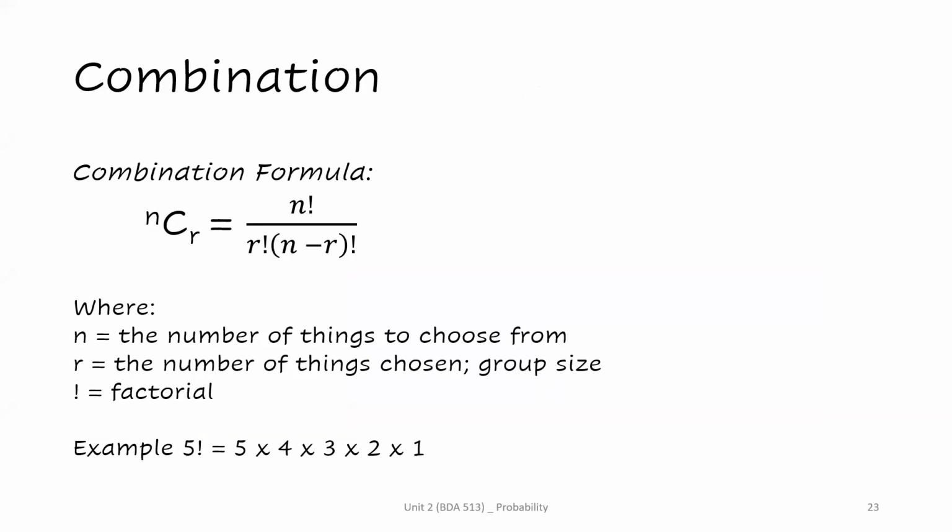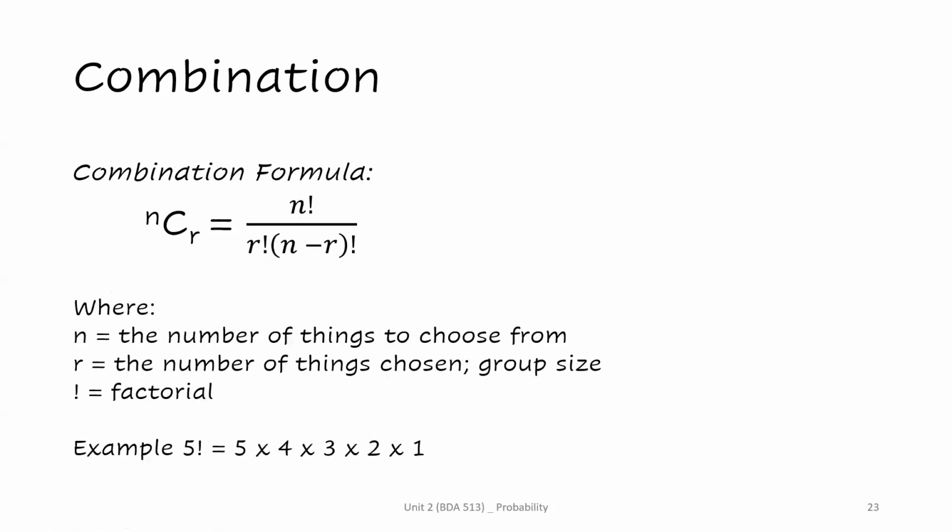When we talk about factorial, for instance, 5 factorial is the same as 5 times 4 times 3 times 2 times 1. 4 factorial is 4 times 3 times 2 times 1. 10 factorial is 10 times 9 times 8 down to 1. The total figure is what we have as factorial.